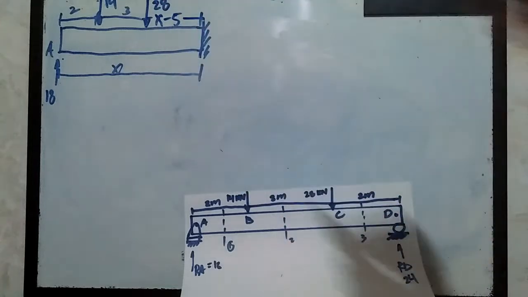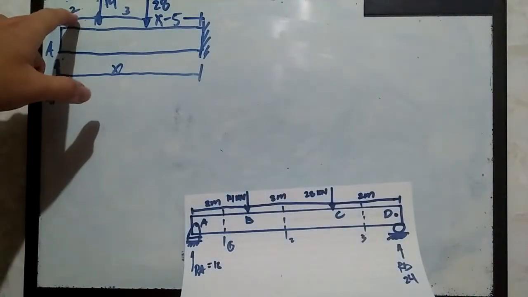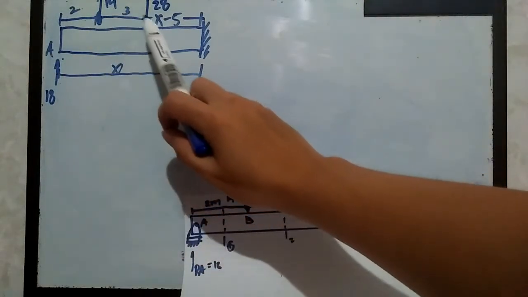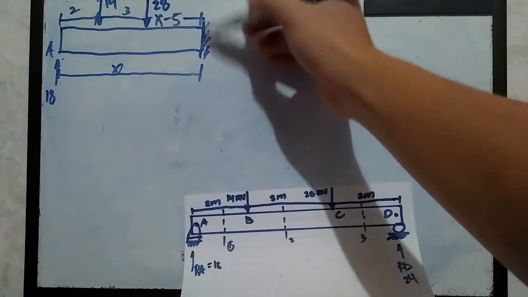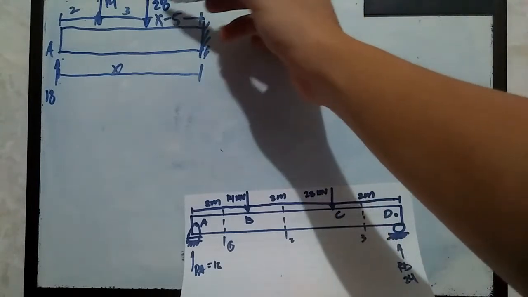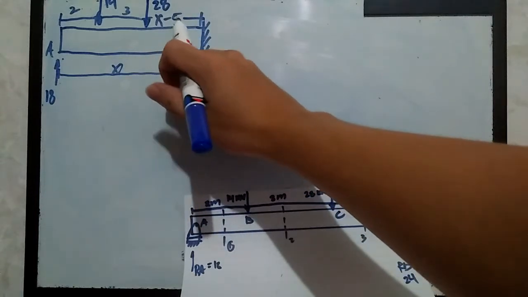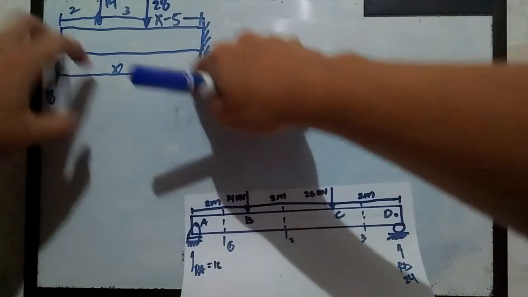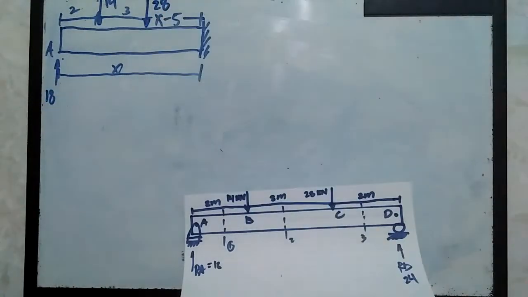From A to 14 kilonewton is 2 meters, from A all the way to 28 kilonewton is 3 meters, and from the section all the way to 28 kilonewton is X minus 5, because the whole length is X and this length is 5.